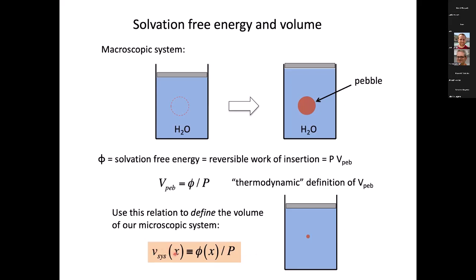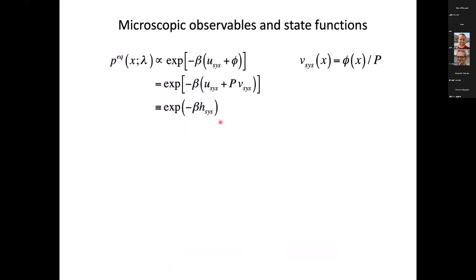And because this volume depends on the microstate, I'm going to have this subscript SYS here. This is another fluctuating quantity. In equilibrium, as X fluctuates, so does the volume of the system. Okay, let me now take that definition and combine it with the expression that I had for the equilibrium distribution of the molecule.